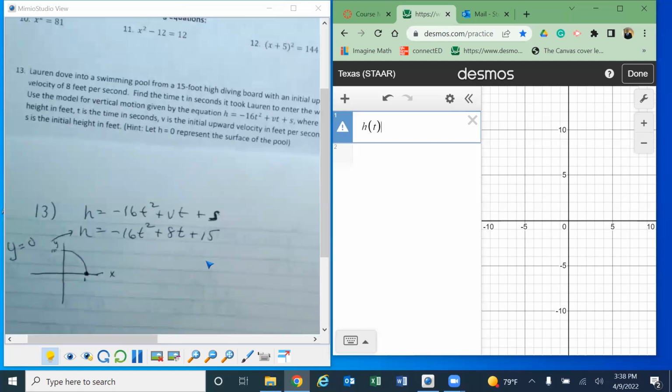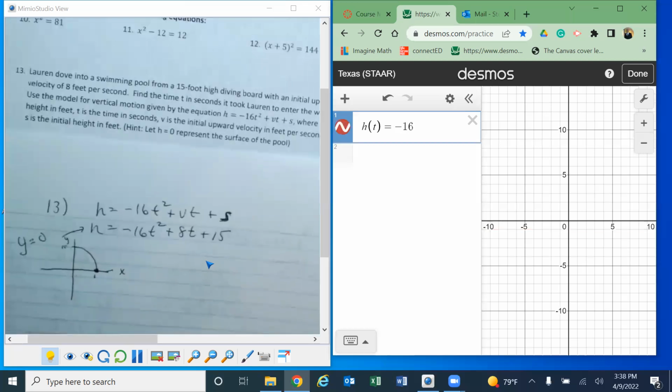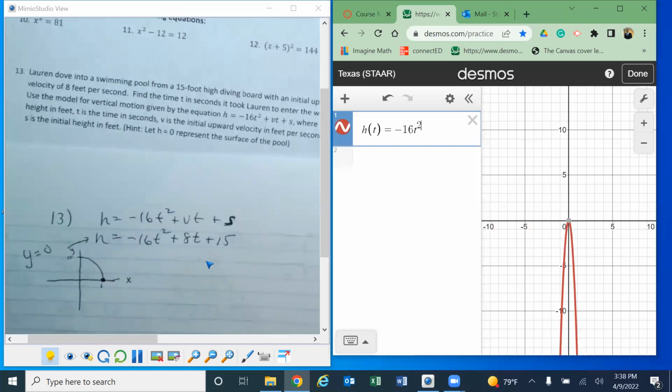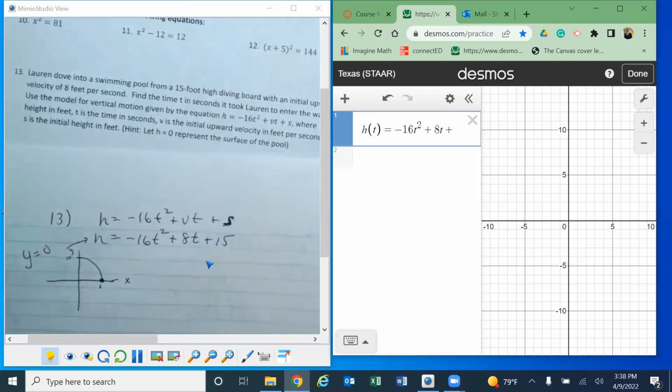All right, so here we go. Negative 16 T squared plus 8T plus 15. Now, this is what we did in class.